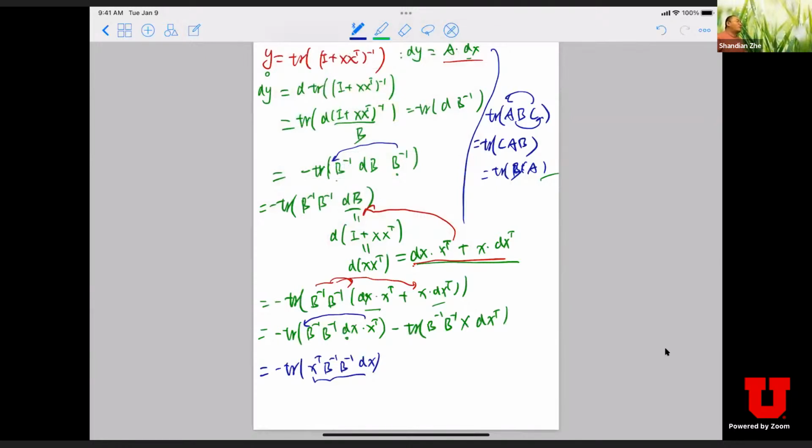Yeah, it could be a square matrix, but in this case, what is it? You mean suppose X is n dimensional, this one is n by n?